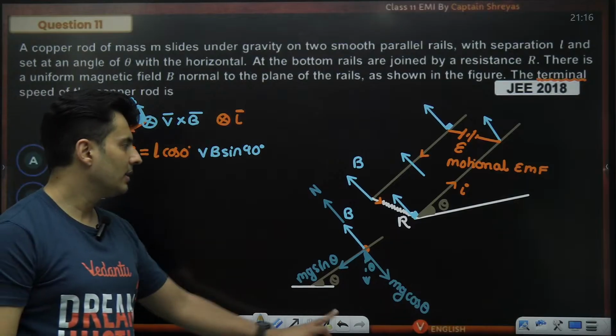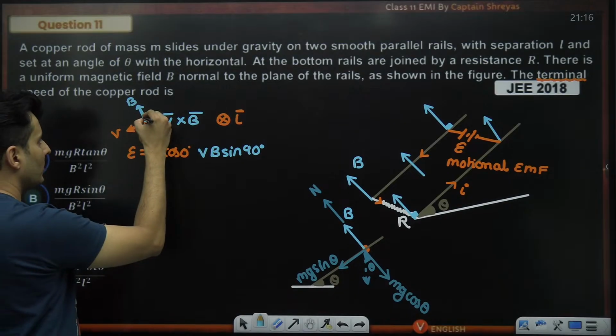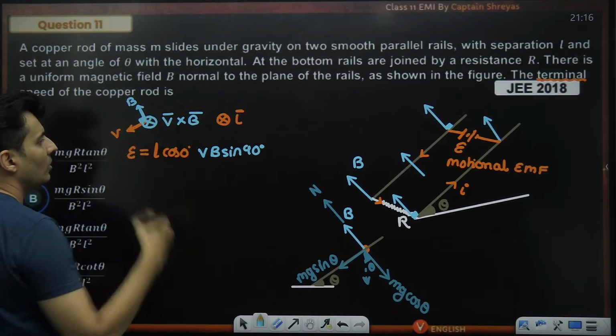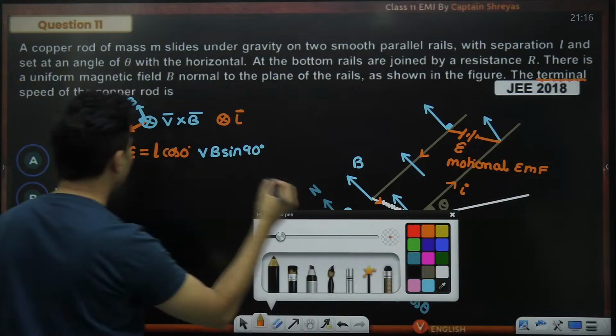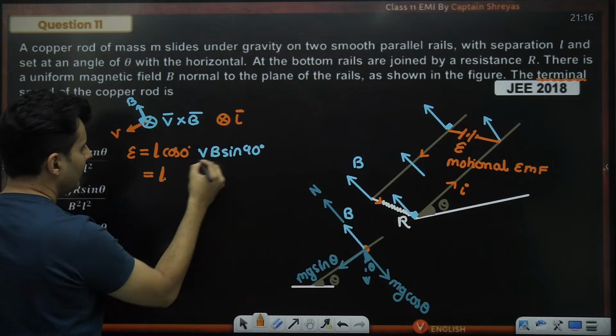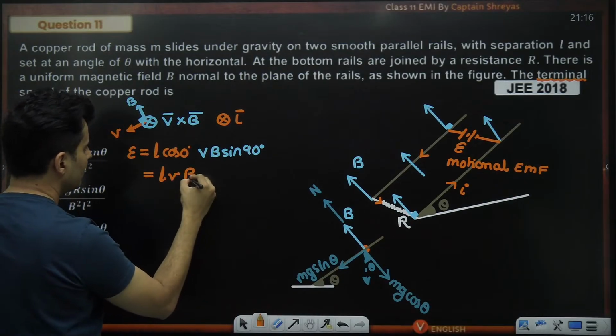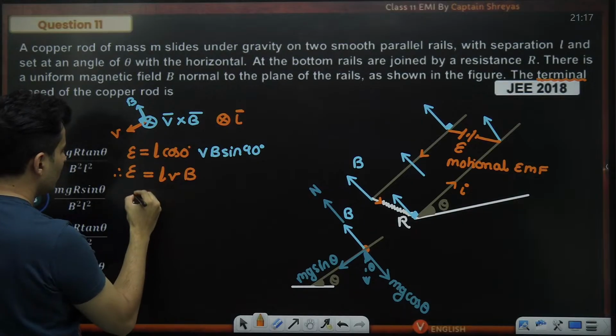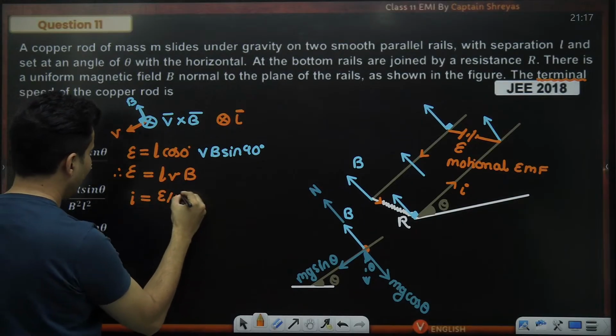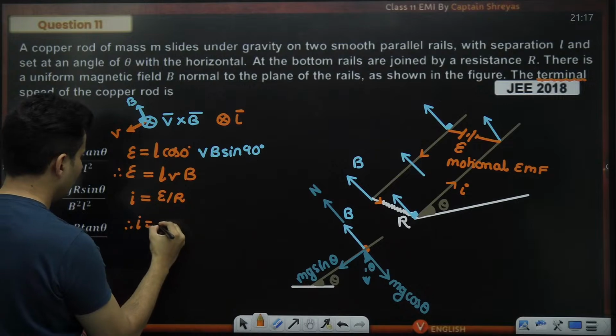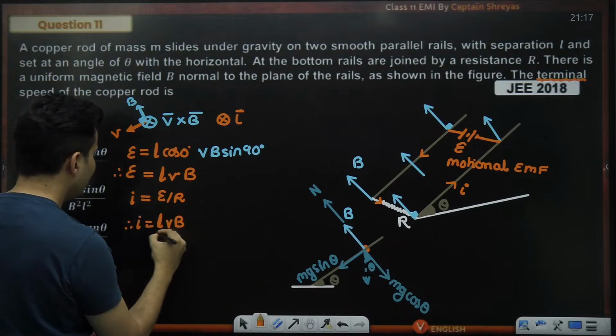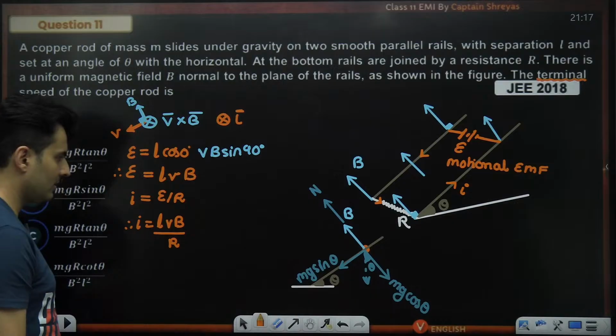So the EMF comes out to be LVB. Current will be EMF by resistance, so current will be LVB divided by resistance.